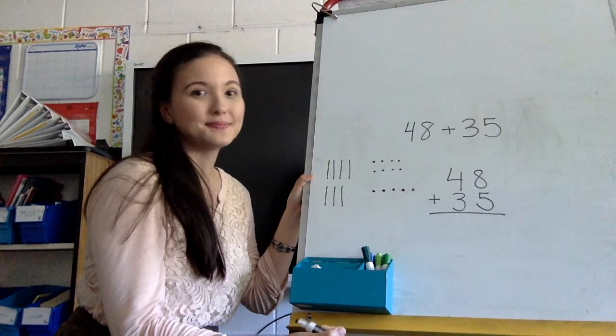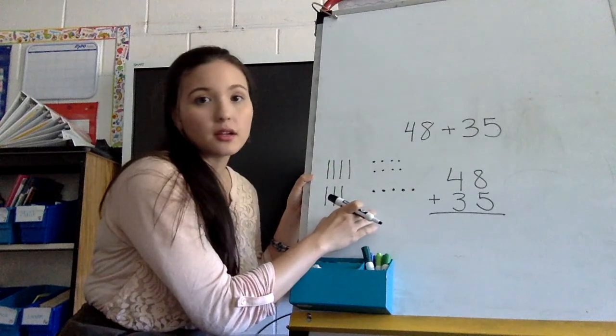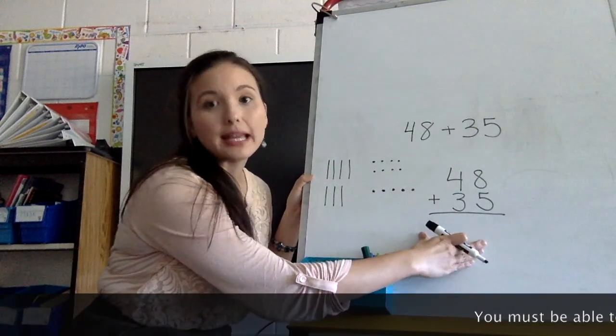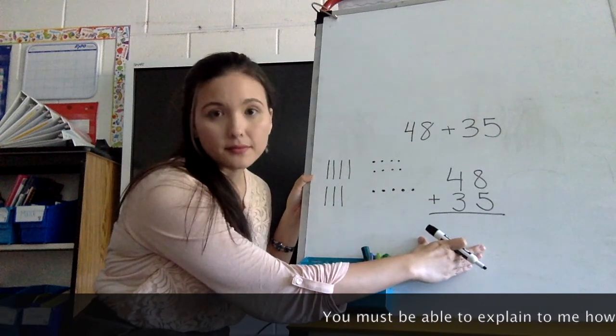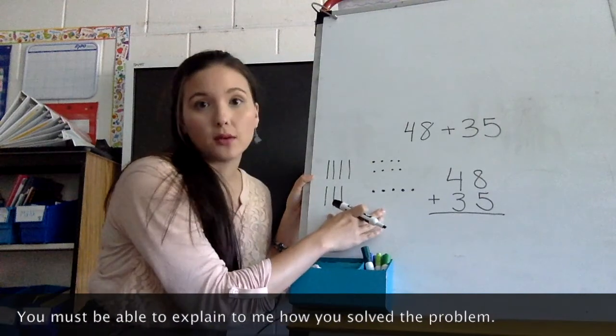So yesterday we made the number. You don't have to make the number when you're adding in standard form if you understand it. If it's still a little confusing, then you need to draw it out.